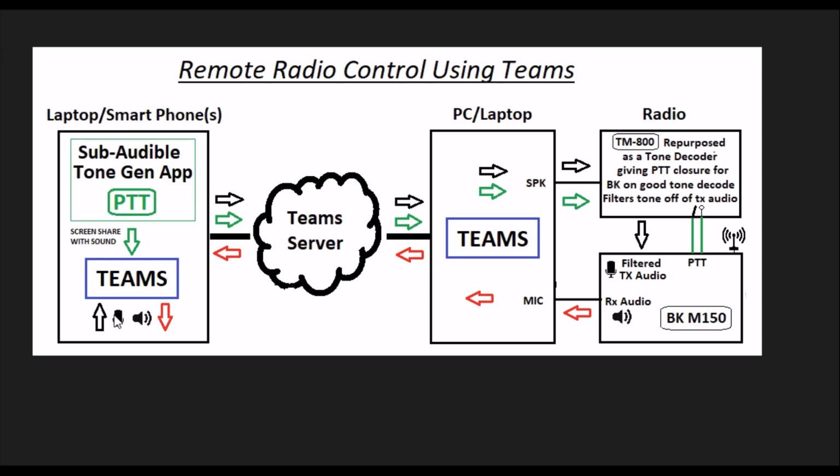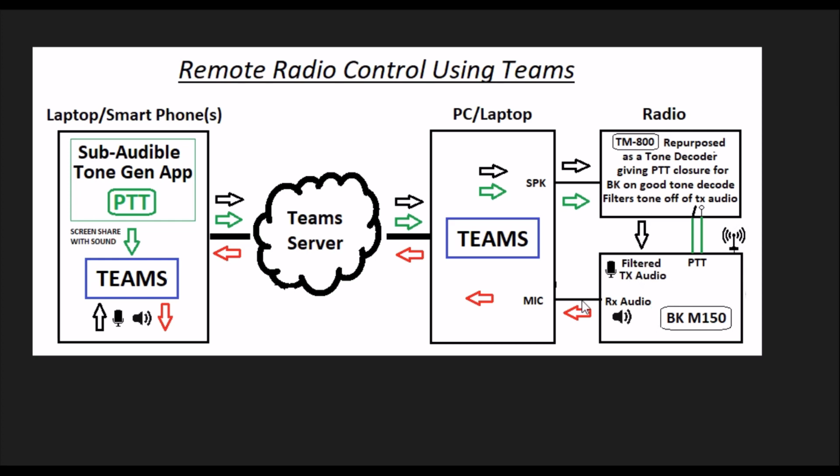Basically the transmit audio from the microphone and the tone goes across the internet through the server, gets back over here, and the subaudible tone is then decoded by the repurposed radio here. It provides a closure for the push-to-talk on the target radio, and it also filters the PL tone off the audio, so you don't try and regenerate that PL on your radio here.